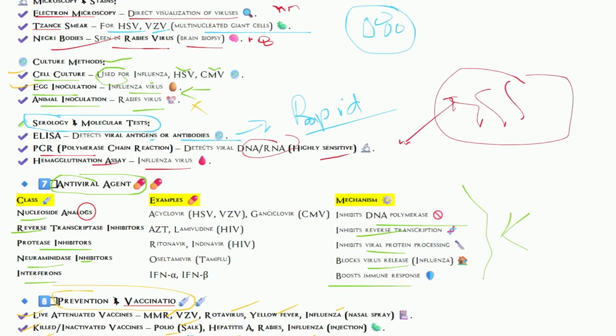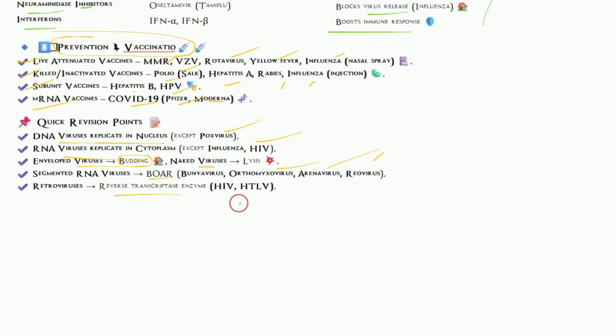So as you see, we have an antiviral category like reverse transcriptase inhibitor. So HIV is an RNA virus. From the RNA, it is converted to DNA as their mechanism to cause infection inside the human body. But remember, we have antiviral therapy which blocks this process, RNA to DNA, right?